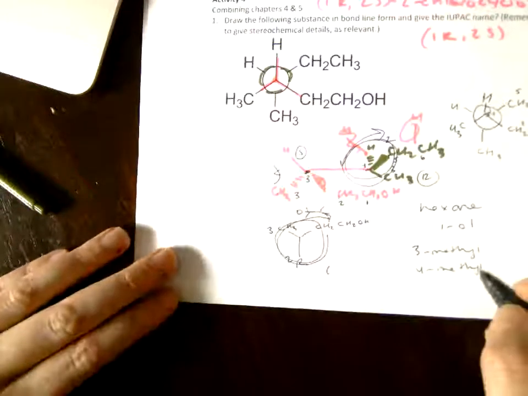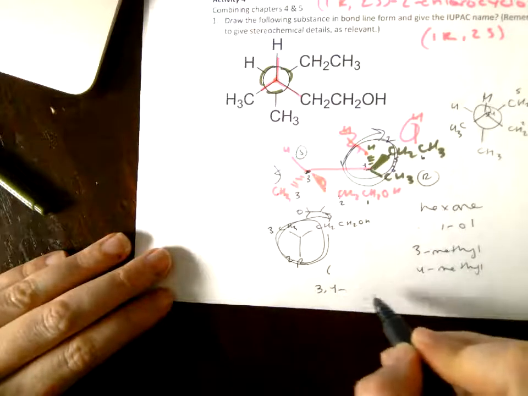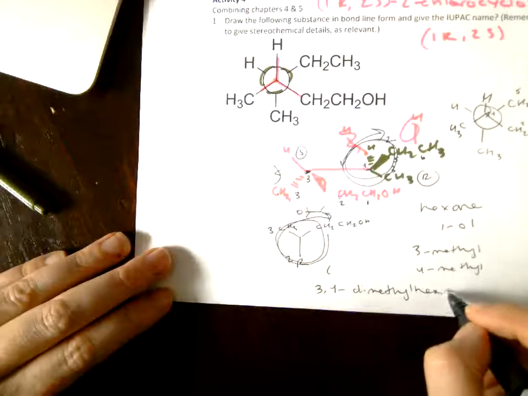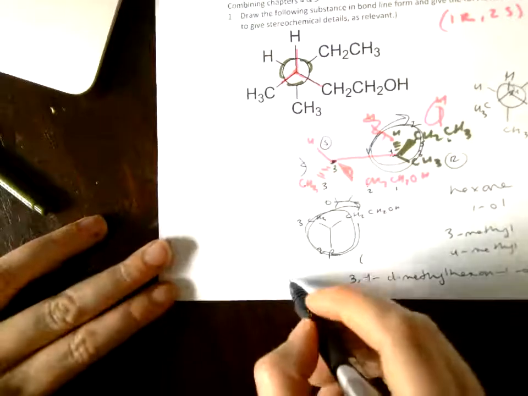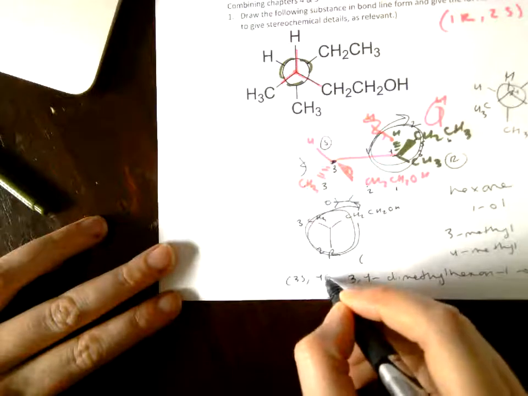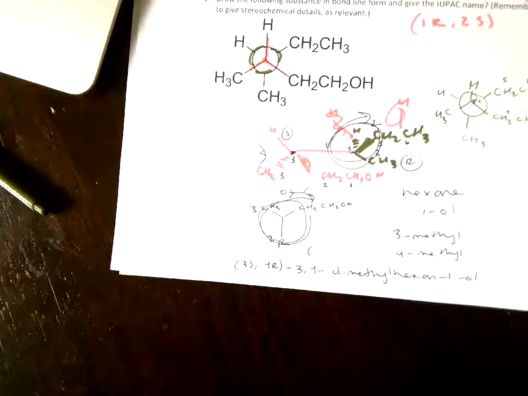So my final name on that would be 3,4-dimethylhexan-1-ol. And then I would make sure that I have 3S,4R-3,4-dimethylhexan-1-ol. That would be my full name.